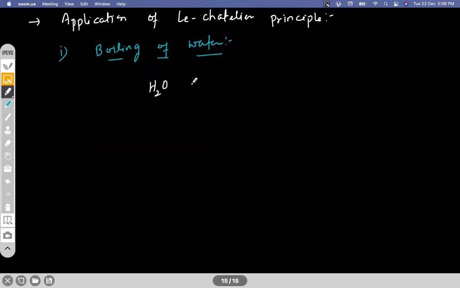So H2O liquid converts into H2O gas. That is the boiling of water. So what happens to the boiling point of water if pressure increases or decreases?